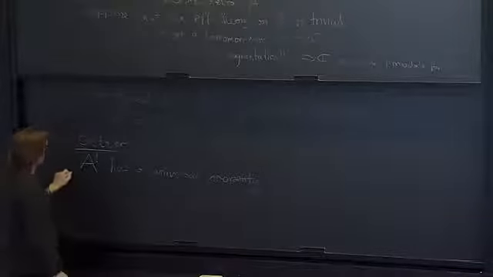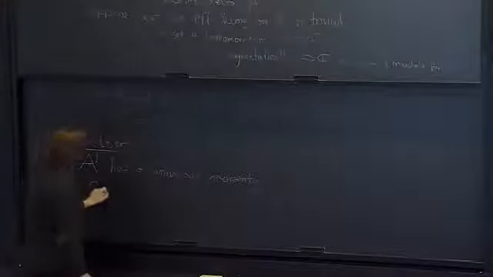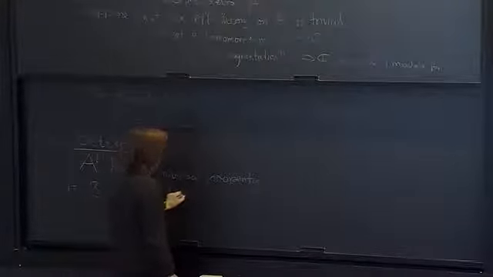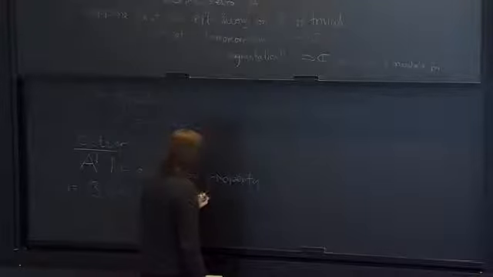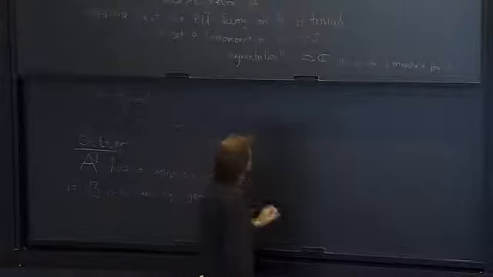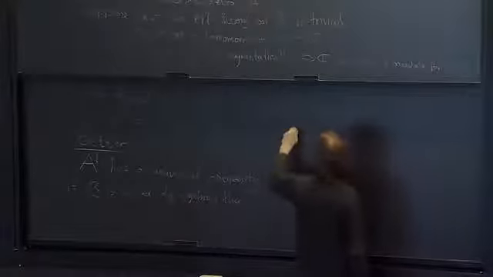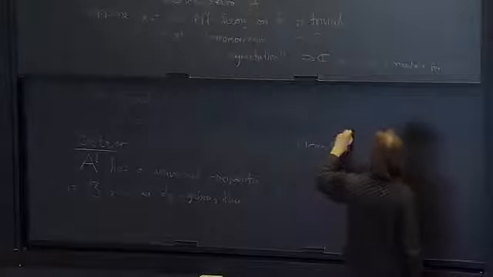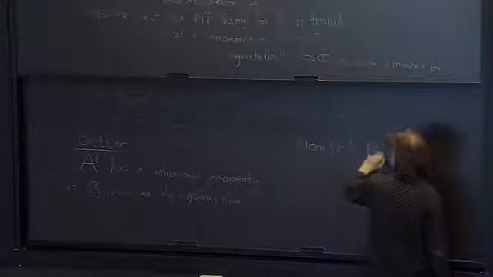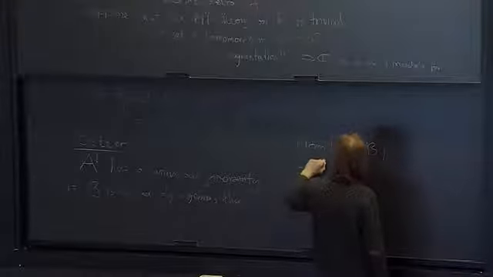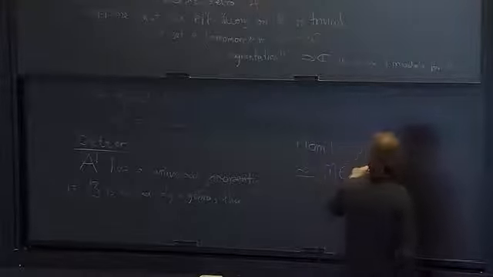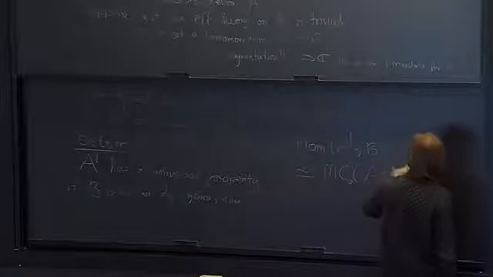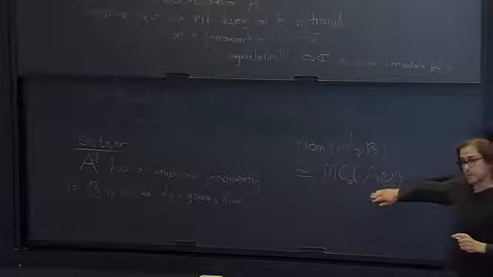The universal property is: if B is another, say, differential graded algebra, then homs from A shriek to B are equivalent to Maurer-Cartan elements in A tensor B. Let me explain what this is.